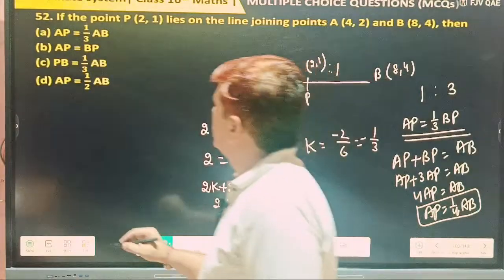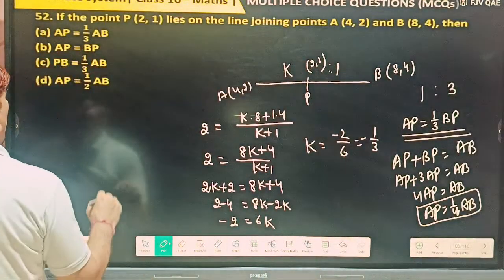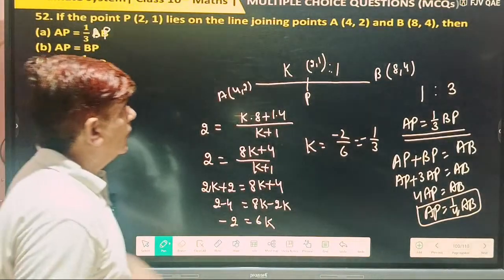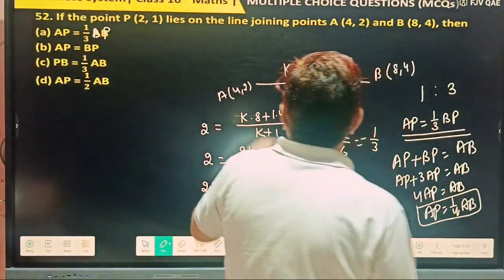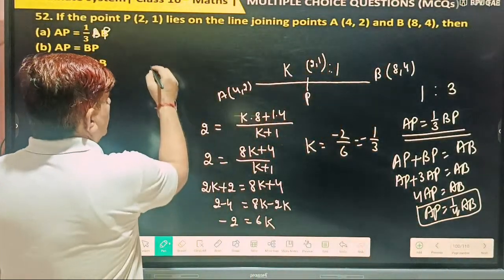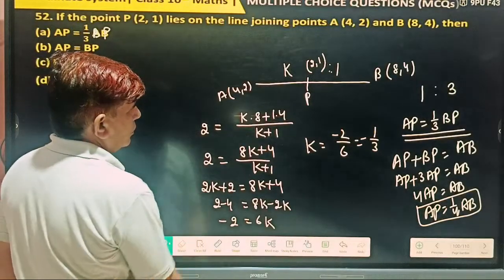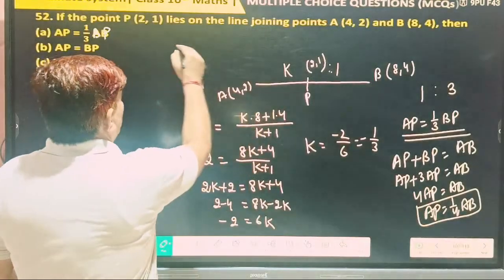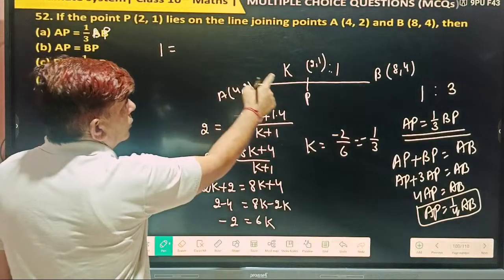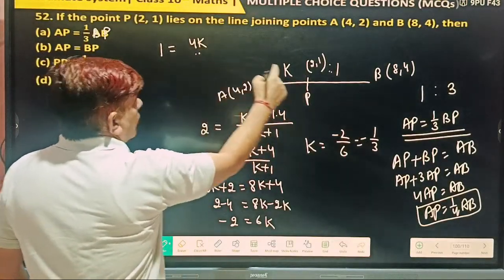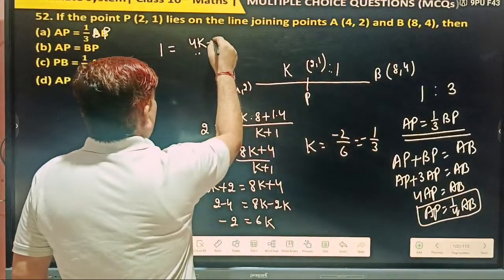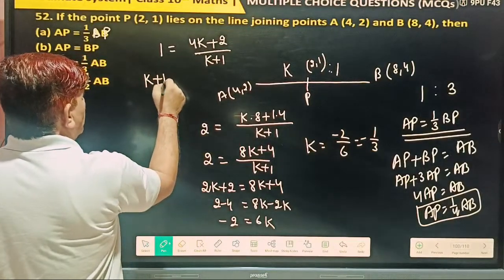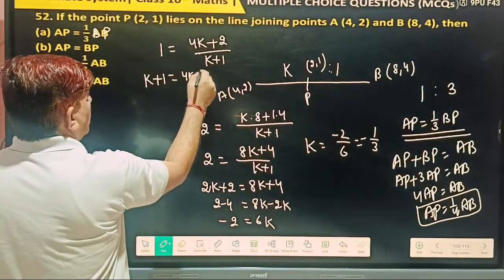According to me, this AP equal to 1 by 3 BP is coming here. Another way you can check. Sorry, one mistake is there. No, there is no mistake. So 1 equal to 4K plus 2 by K plus 1. Bring this side, K plus 1 equal to 4K plus 2.